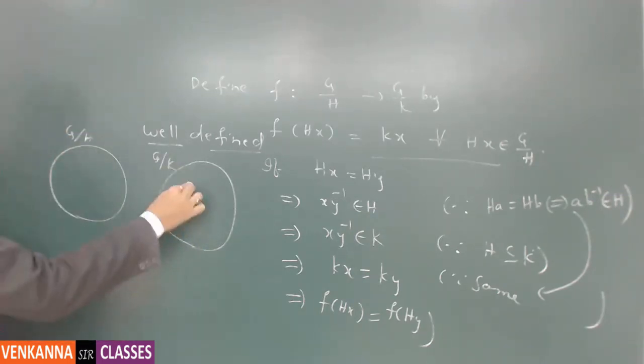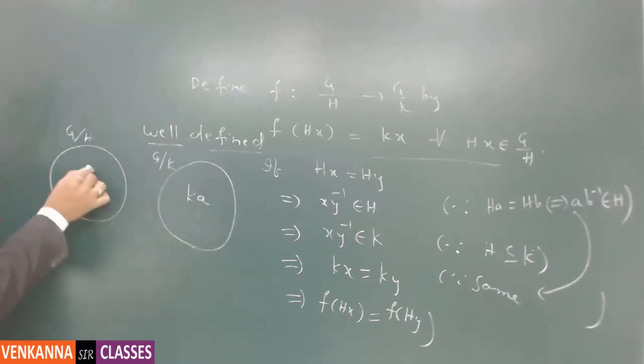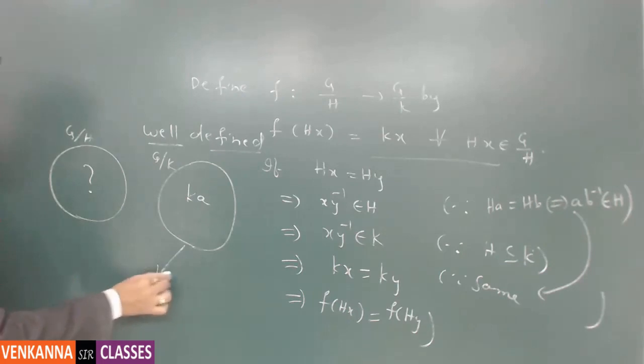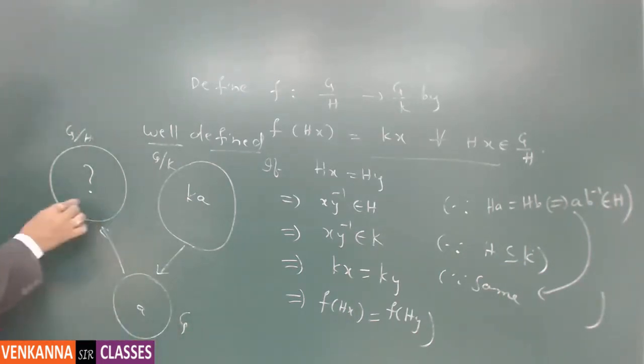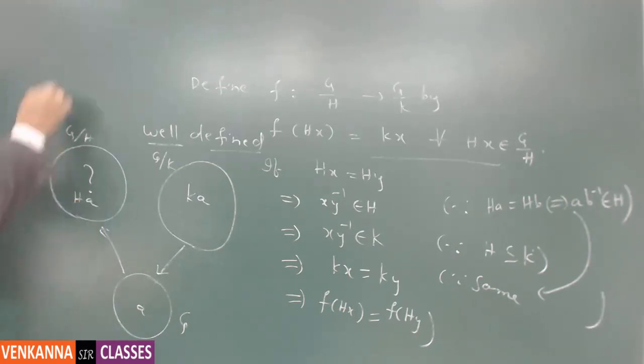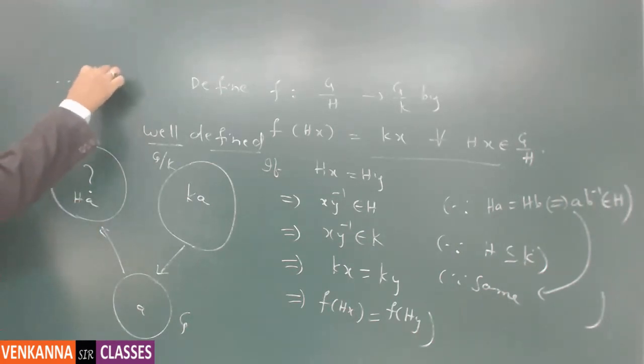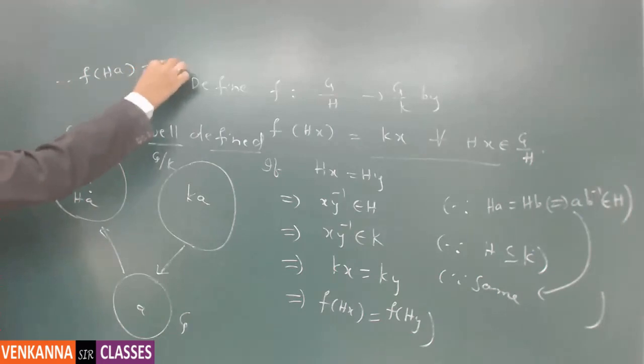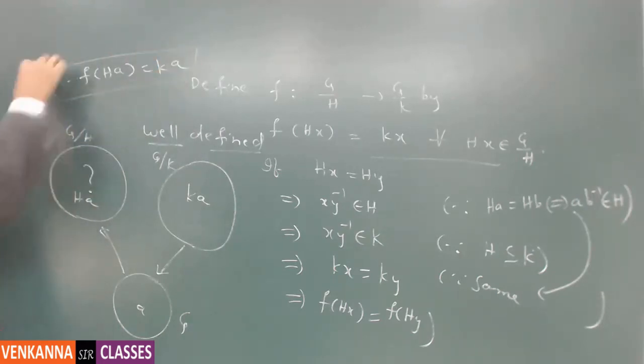So if we take Ka here, what will be the element? By default, it is an onto function because as and when you take the element Ka, it is a coset.